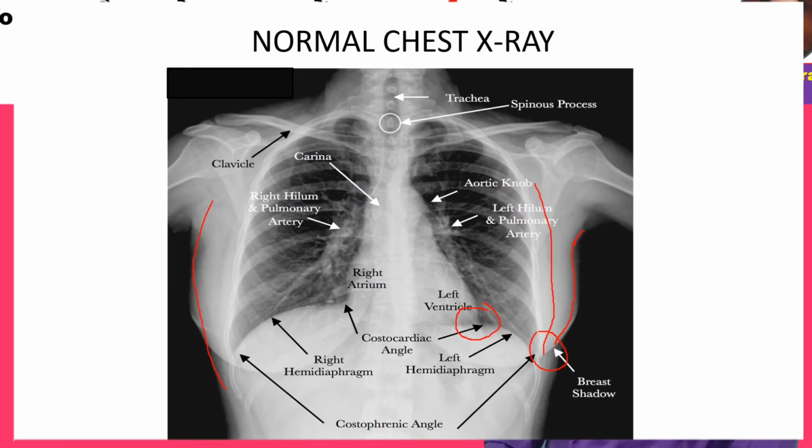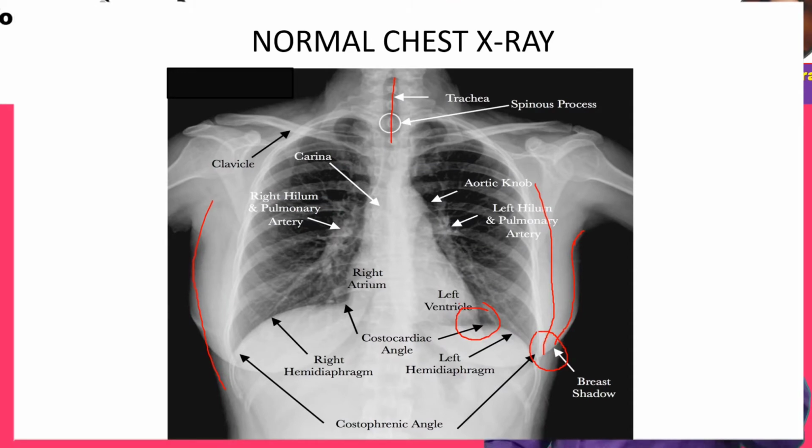costocardiac angles, and the shadow of the diaphragm, the dome of the diaphragm, is normal, the trachea is centrally placed and the spinous process is visible, and both sides of the lungs, or bilateral lung fields, are normal, and the cardiac silhouettes are normal or not obliterated, and no cardiomegaly is there.